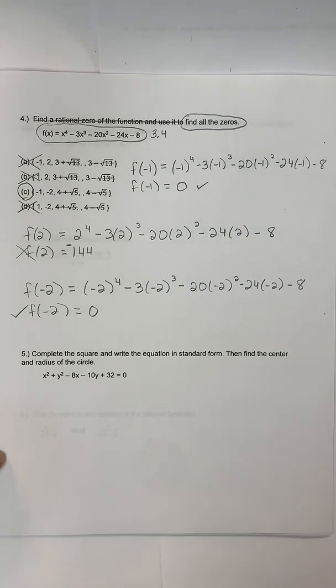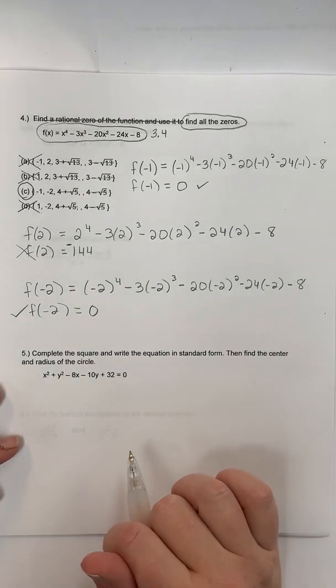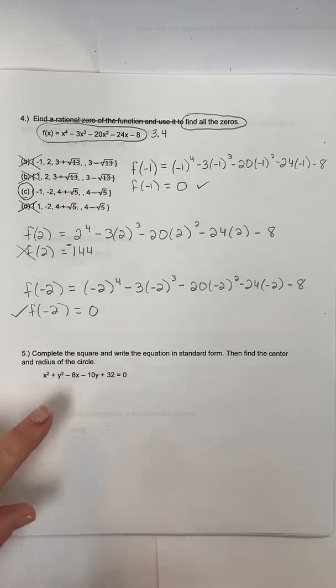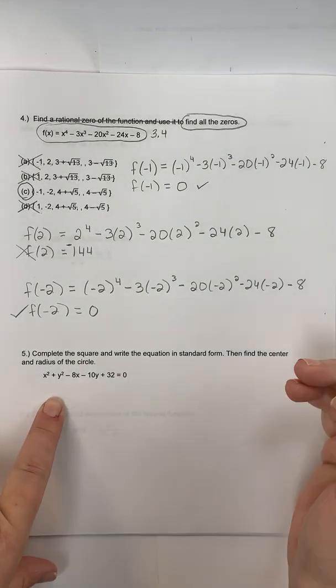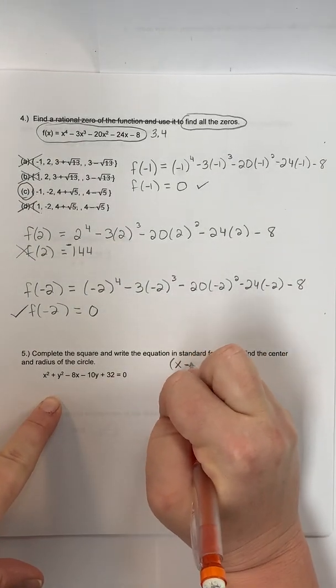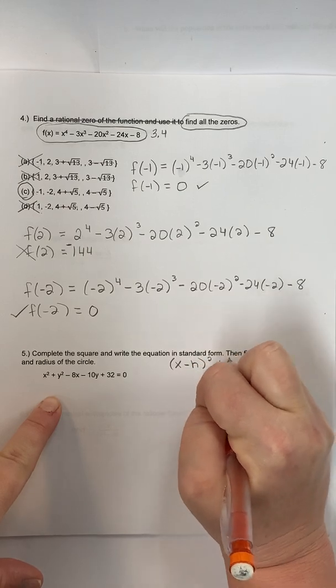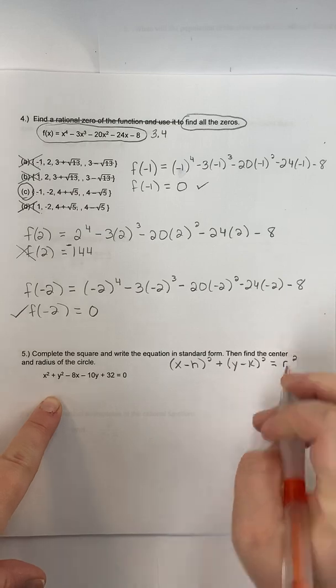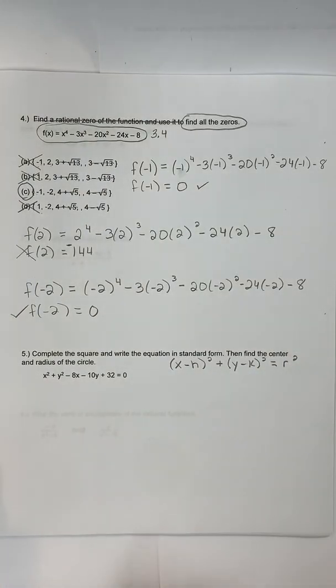Okay. All right, number 5. Complete the square and write the equation in standard form. This is a circle, and we want to turn it into a circle in standard form with our center and our radius squared. That's what we need to do here, and then we need to tell the radius and our center.